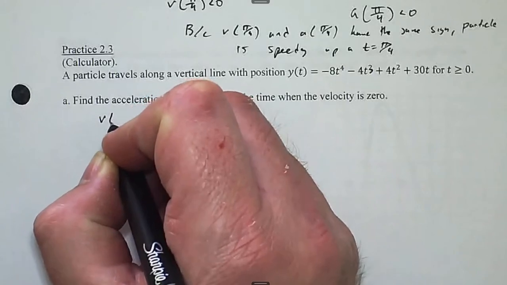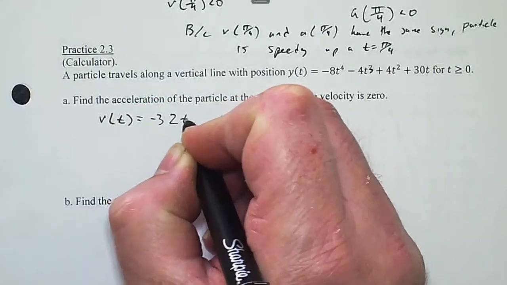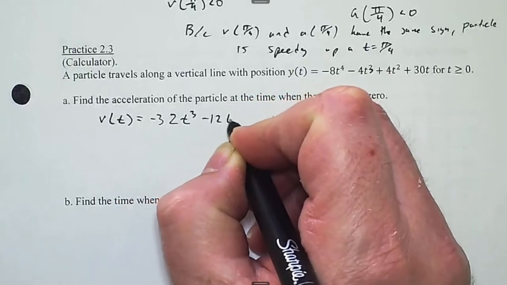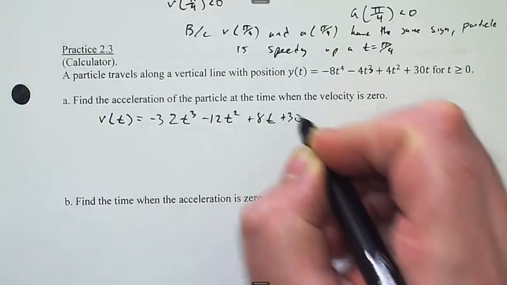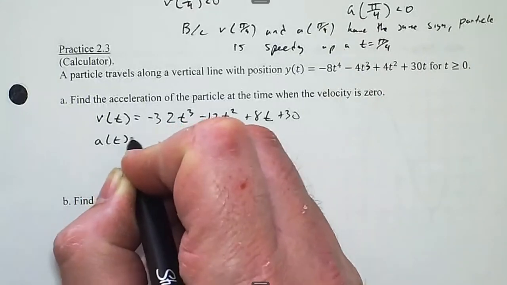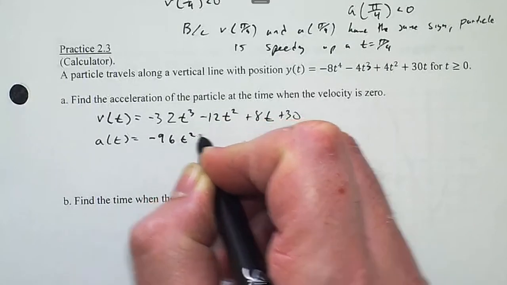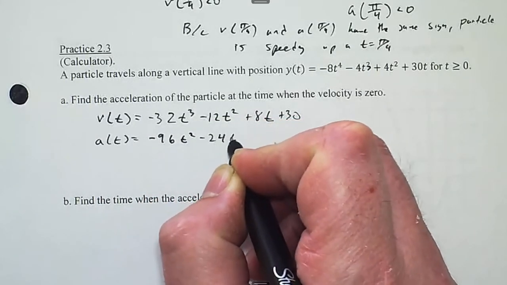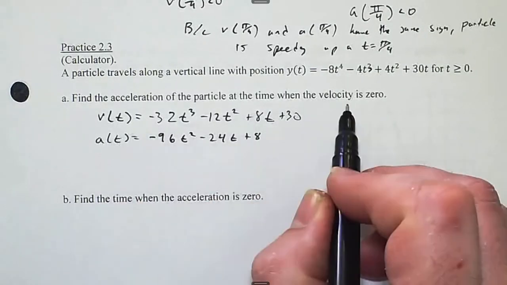So first we'll find the velocity, the derivative of position: negative 32t cubed minus 12t squared plus 8t plus 30. Next we'll find acceleration. That's negative 96t squared minus 24t plus 8. So we want to find the acceleration when velocity is 0.